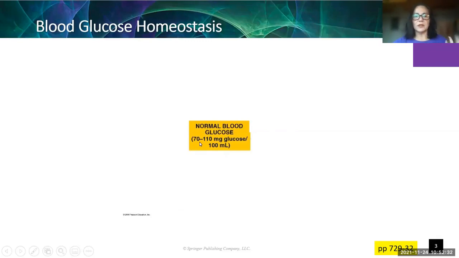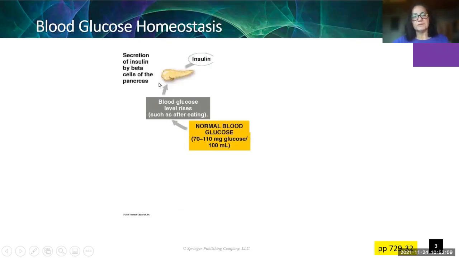When blood glucose is on the way up, so when the GI tract has been absorbing the monosaccharides from digested carbohydrates, the blood glucose starts increasing. It doesn't have to rise outside of this normal range. It just has to be on the trajectory upward.